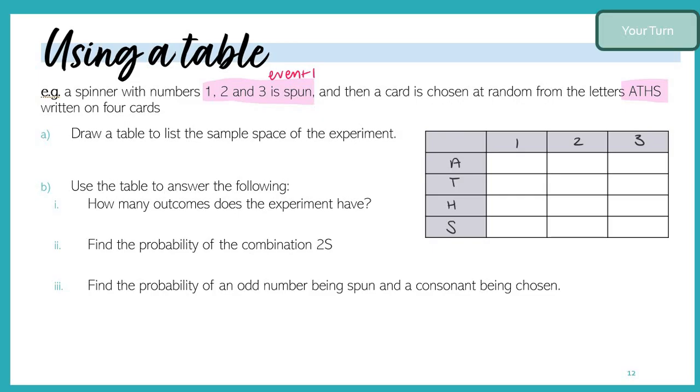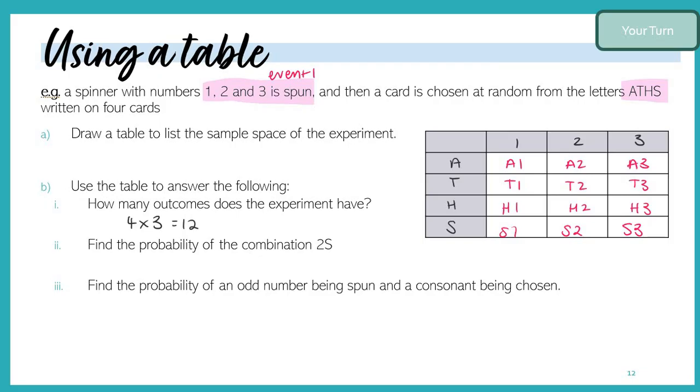So inside our table, we should have A1, A2, A3, and so on. T1, T2, T3, H1, H2, and H3, and then S1, S2, and S3. So how many outcomes does this experiment have? It is once again our 4 times 3, so we have 12 outcomes.